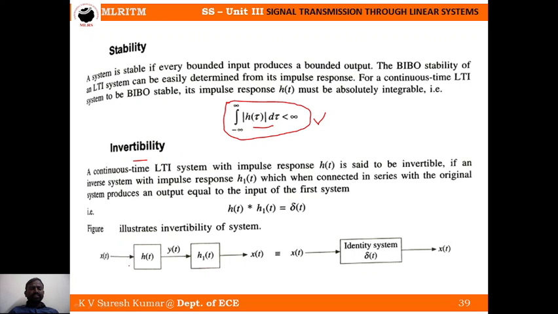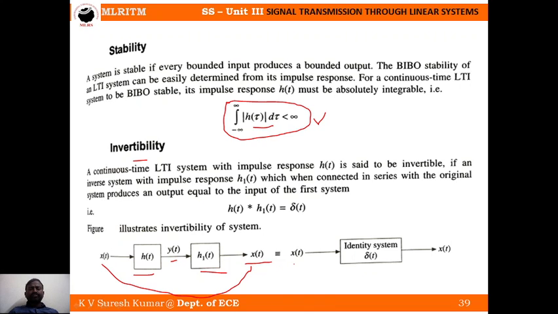Next, invertibility. We have already seen this invertibility. So if you are giving input x of t to a system h of t, and you are getting y of t as the answer, and if you give y of t to another system h1 of t to obtain x of t back, that is, the input x of t is obtained at the output after transforming twice, then it is called an invertible system.